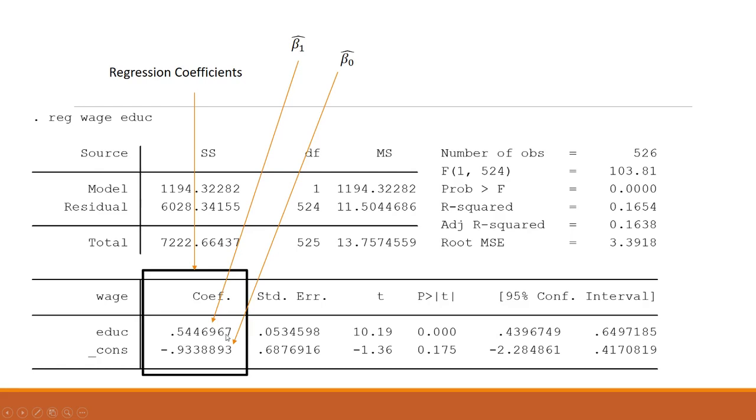This is the estimated relationship between wage and education, our estimation of the true relationship between wages and education. And this one is the coefficient on our constant term, so this coefficient right here is beta 0 hat.